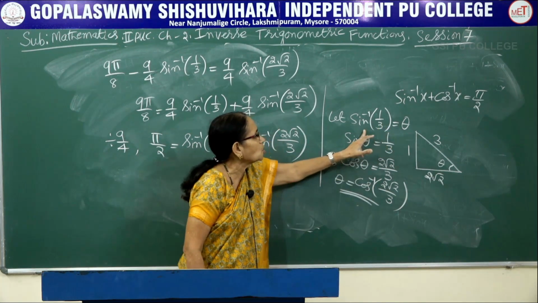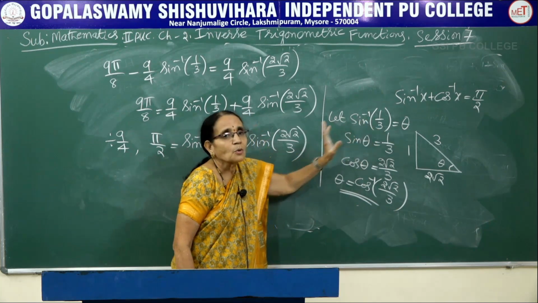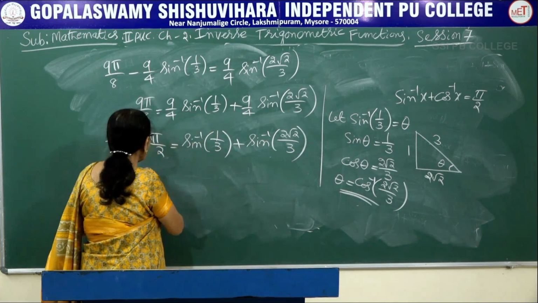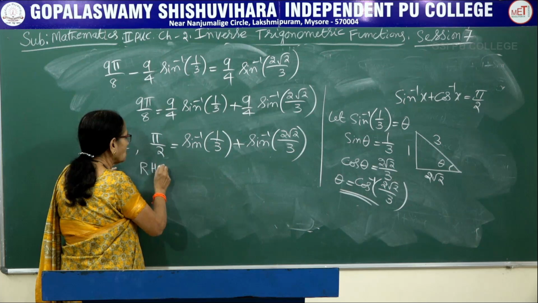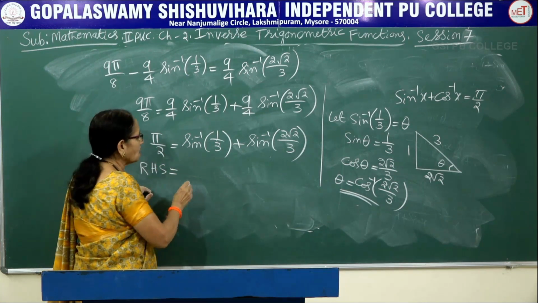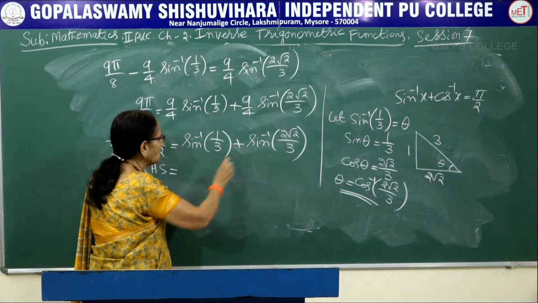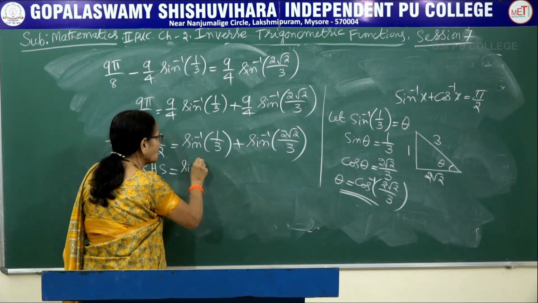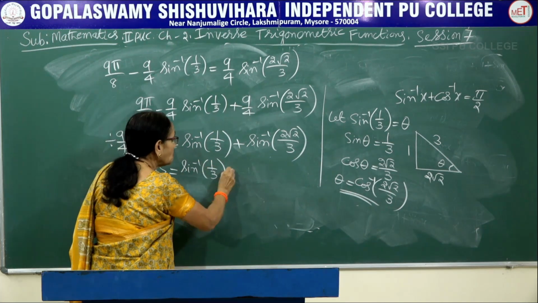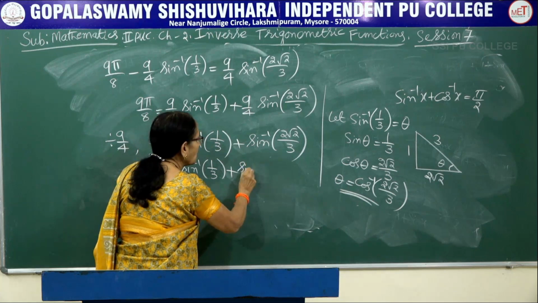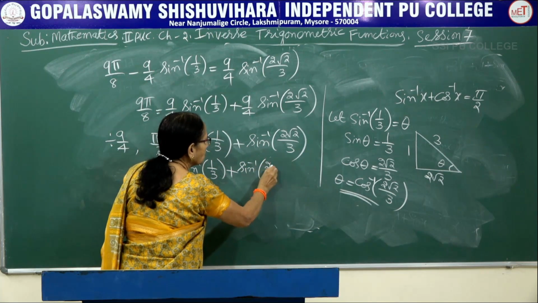But what was theta earlier equal to? It was sin inverse of 1 by 3. So let me start with the right hand side, sin inverse 1 by 3. First let me write it as it is, then let me replace it by the newly calculated quantity.